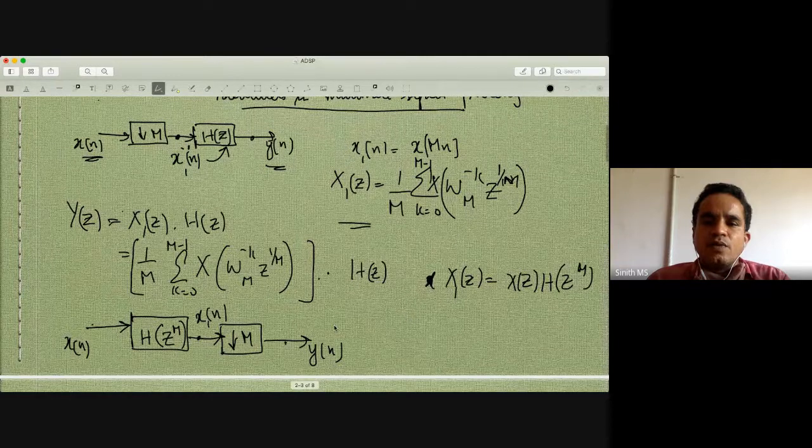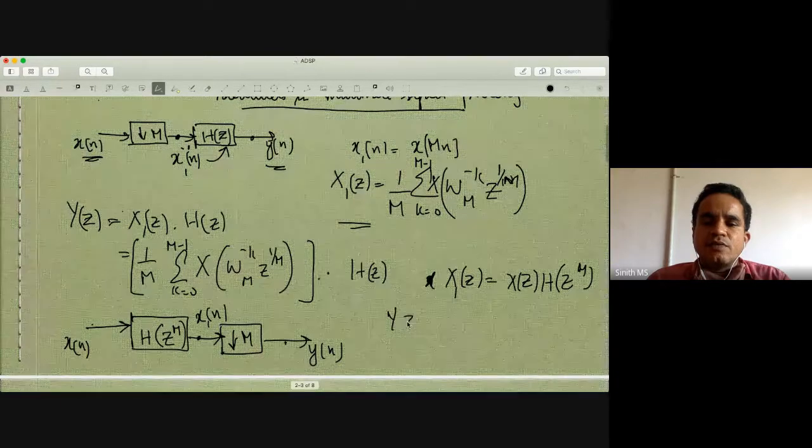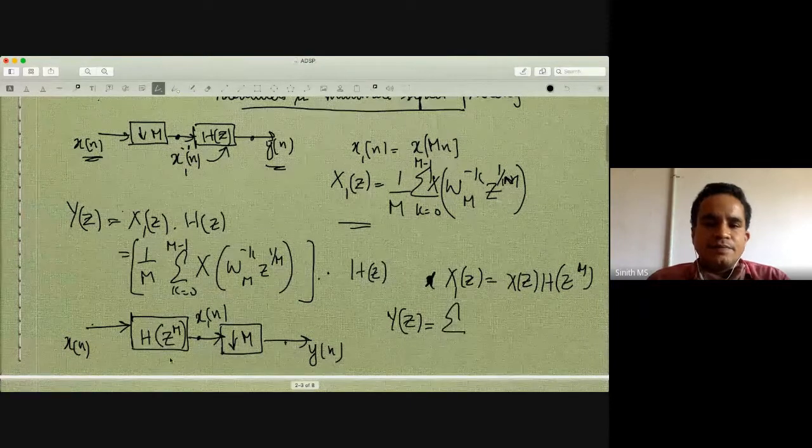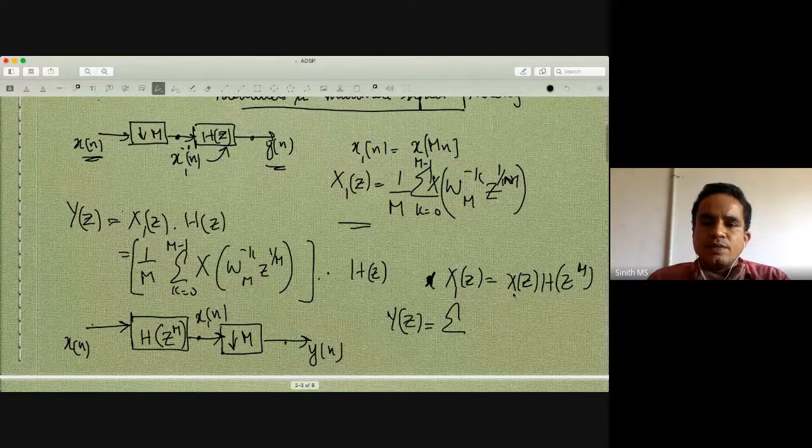While Y(z), the Z transform of y(n), will be a summation. Your X1(z) you're passing through a downsampler, so this will be k equal to 0 to m minus 1.